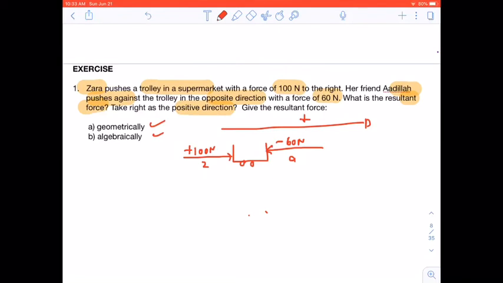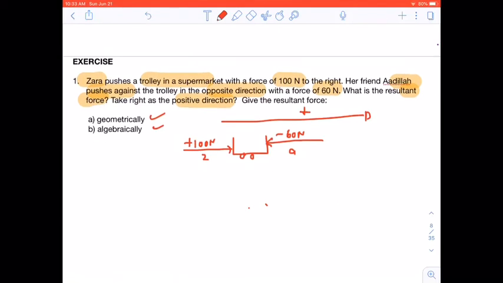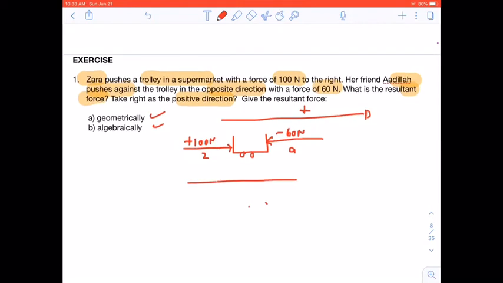So in this situation, we have Zara moving in that direction with a force of plus 100 newtons, right? That is Zara. And Adila moving in that direction, minus 60 newtons.